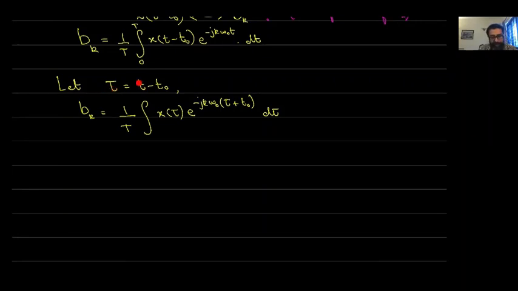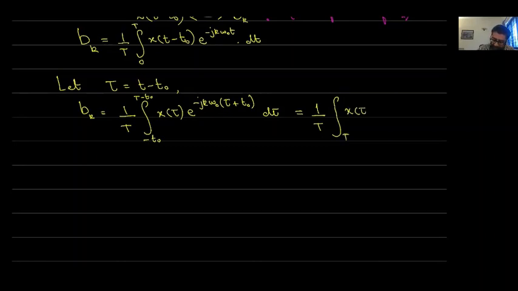On the other hand, when t equals capital T, tau becomes equal to capital T minus t naught. So therefore, the integral limits are from minus t naught to capital T minus t naught. Now, this is equal to 1 upon T. Mind you, these integral limits, once again, are over one period, which is capital T. So I can simply say that this integral is over one period.